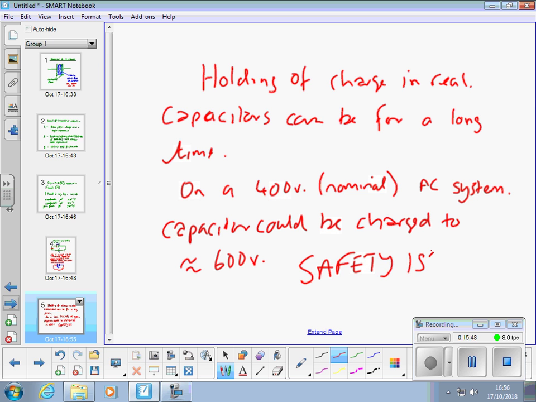That's a safety issue, because a big capacitor can hold a lot of charge for a considerable amount of time, and I've had a shock off them in my time.